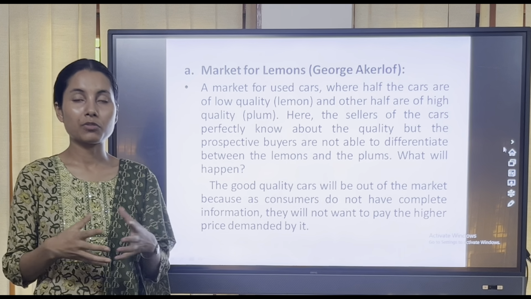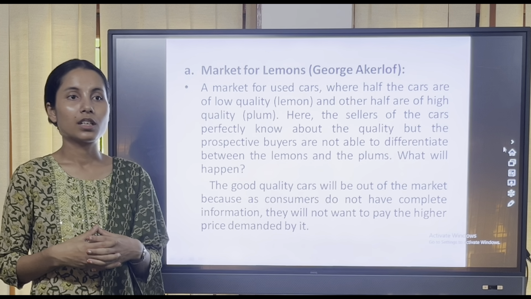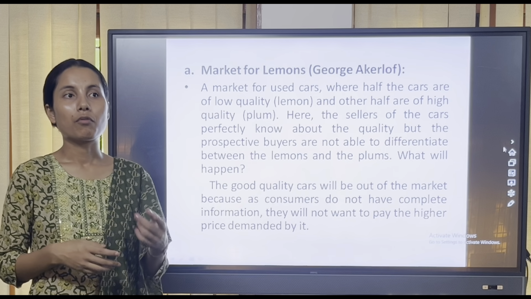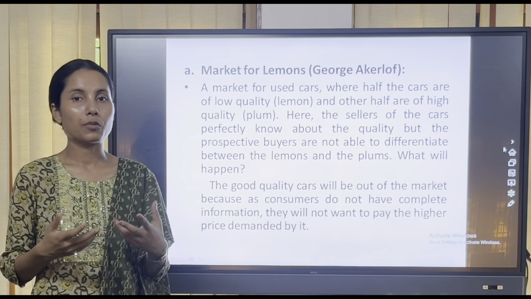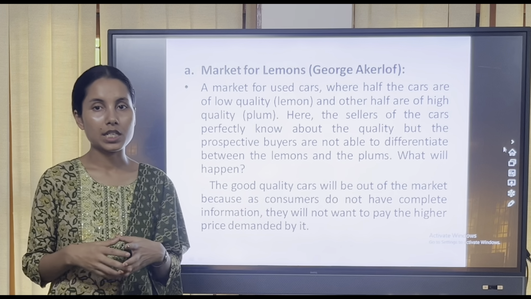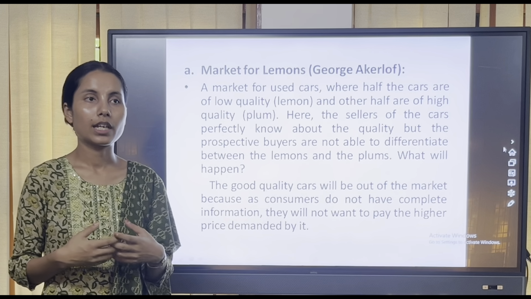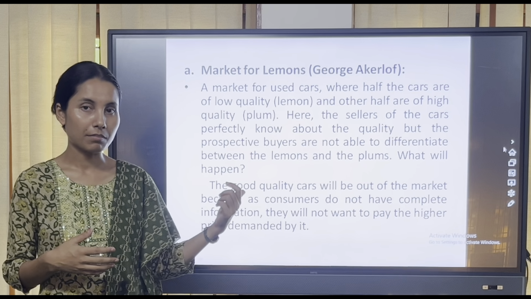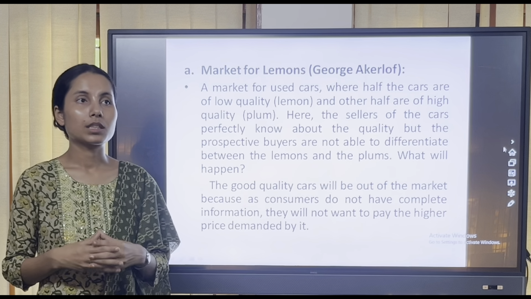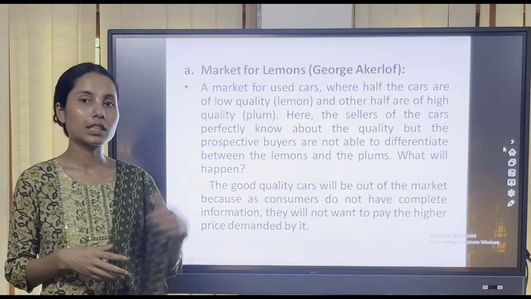Okay, suppose there is a market of used cars, and two qualities of cars are being sold in the market. One type of car is of high, good quality, and the other type of used cars are of poor quality. Good quality cars are termed as plums, suppose, and the bad quality cars are termed as lemons.